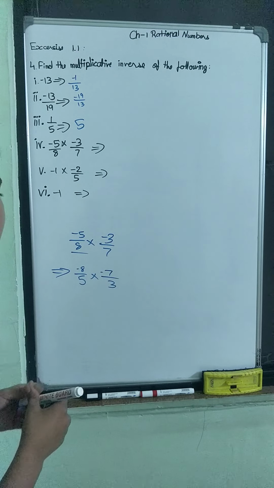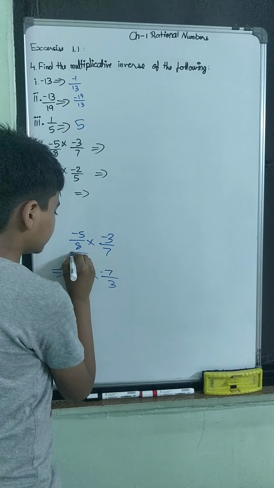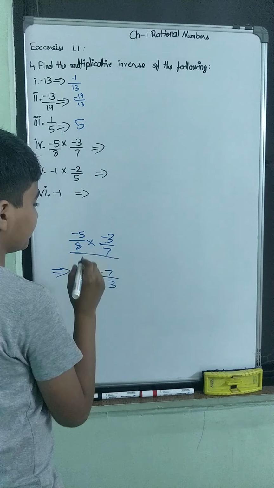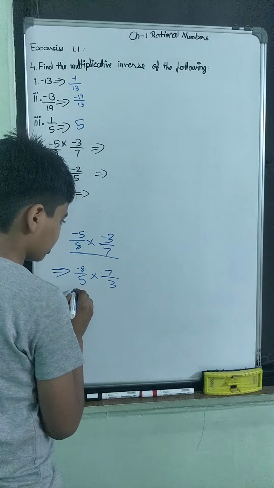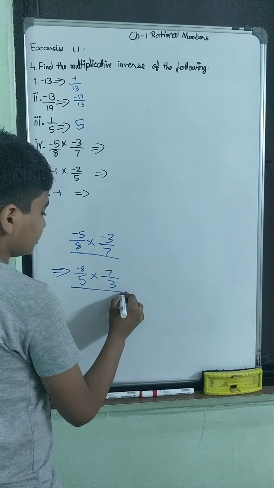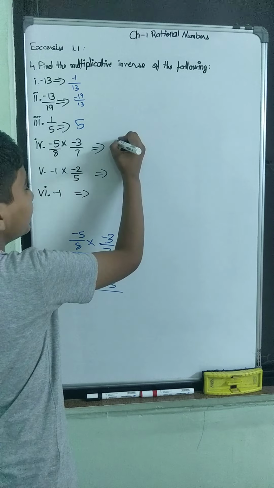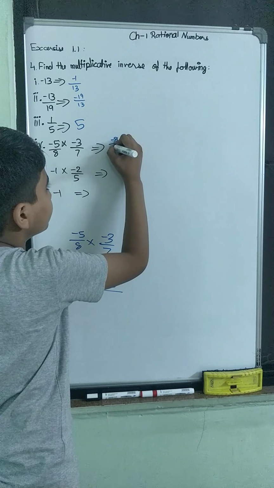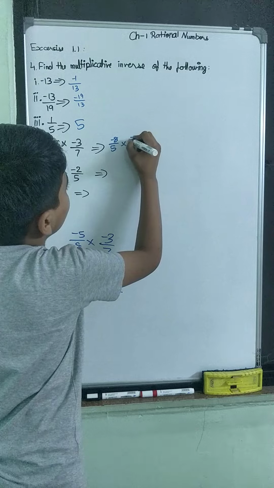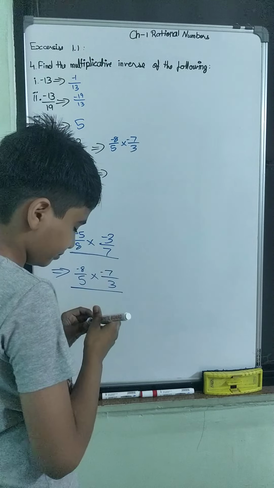So the reciprocal of minus 5 by 8 multiplied by minus 3 by 7 is minus 8 by 5 multiplied by minus 7 by 3. Okay, so we will write minus 8 by 5 multiplied by minus 7 by 3.